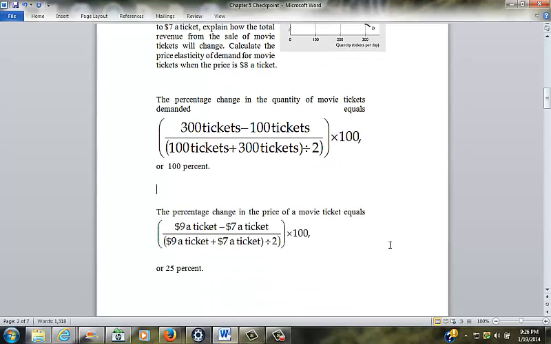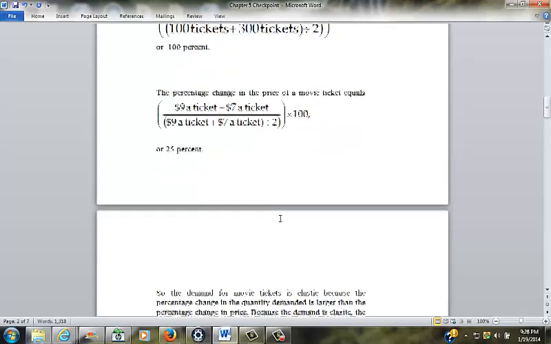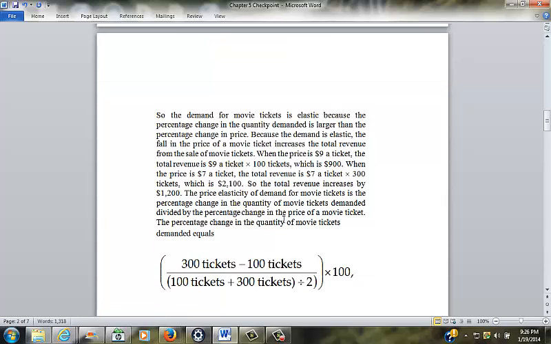The percentage change in the price of a movie ticket is $9 minus $7 divided by $9 plus $7 divided by 2, times 100.